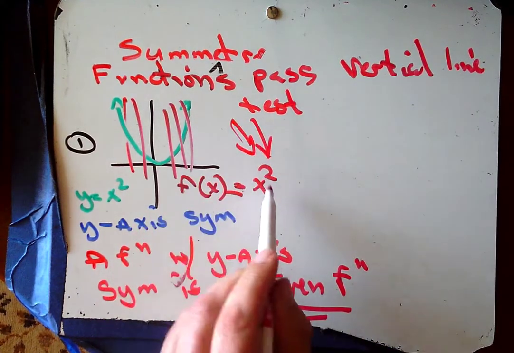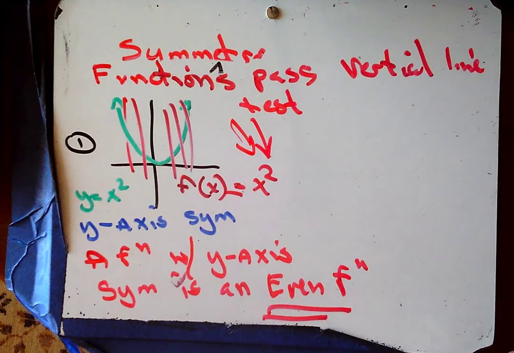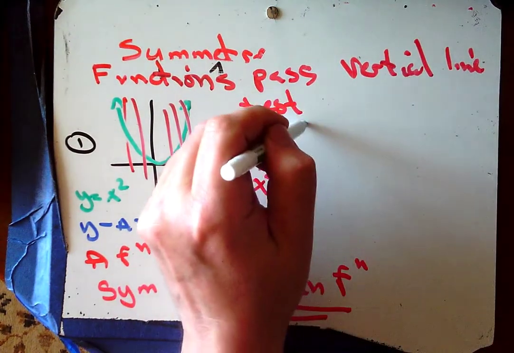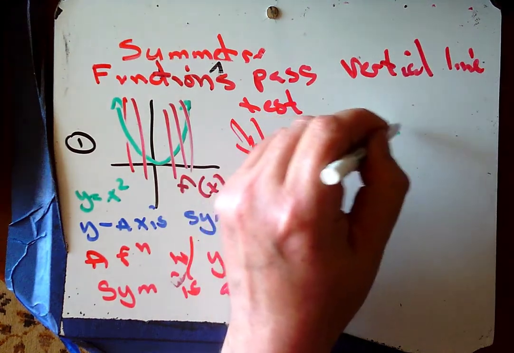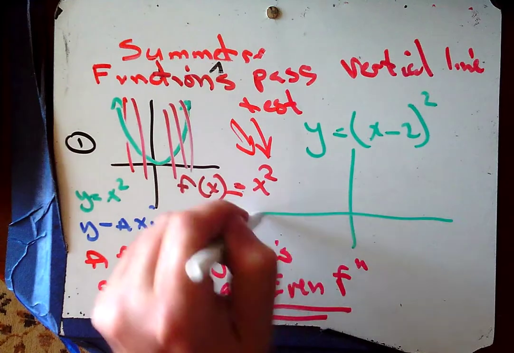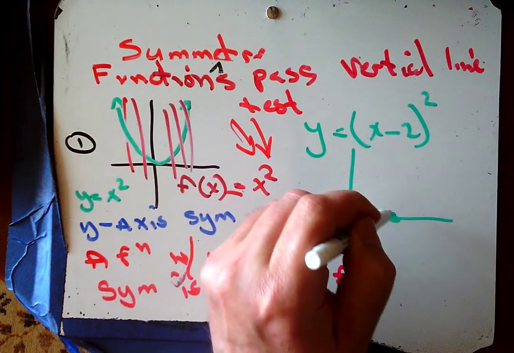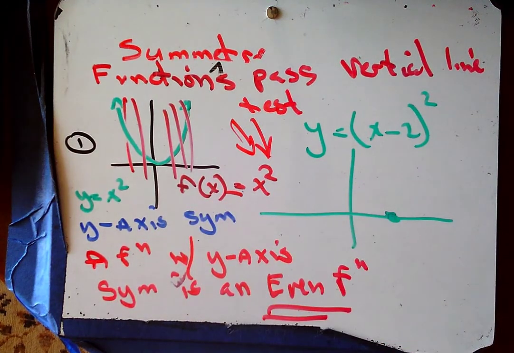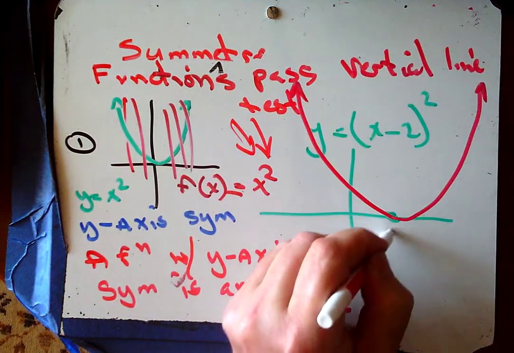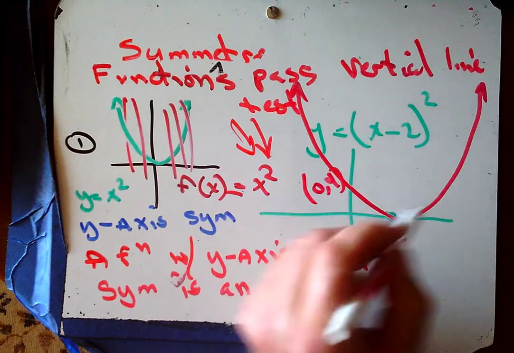It's true that this is an even number, but just because I see a squared doesn't mean I have an even function. For example, y equals x minus 2 squared. I see that even number up there as the power, but my graph for that function, and it is a function because it does pass the vertical line test, there's my graph of this.